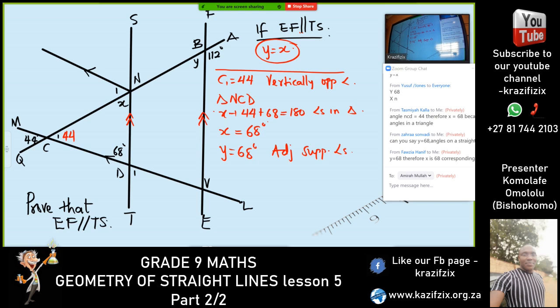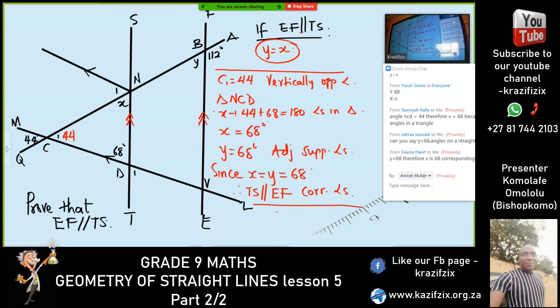Fazia, if y is therefore 68 and x is 68, they are equal, which means it's now what? Corresponding. So since x equals y equals 68, therefore TS will be parallel to EF, and we can say corresponding angles.